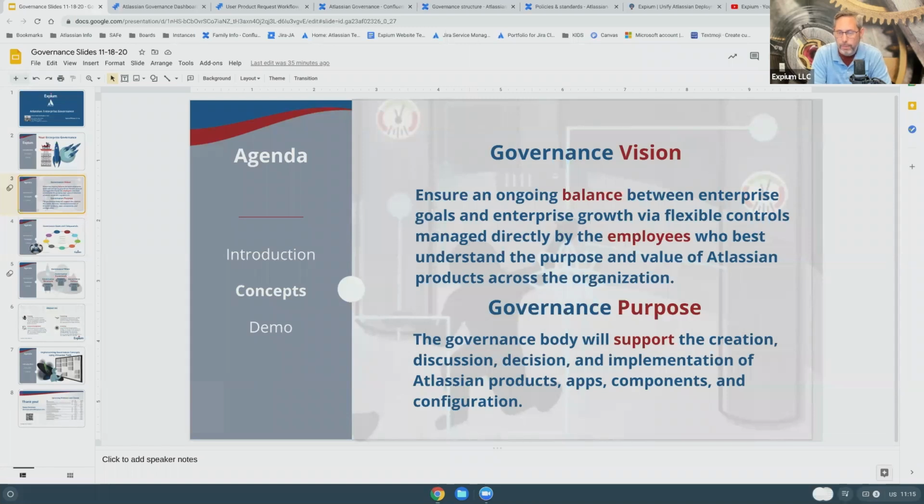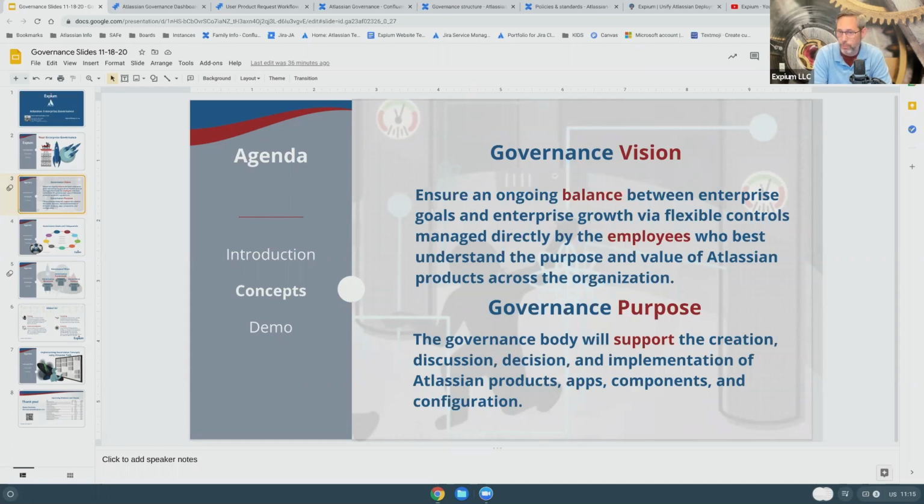Now, keep in mind the back half of this sentence, while it does sound like a mouthful, is really intentional as well. It's not just about your products. There are add-ons and applications that are in the marketplace. Right now, Atlassian has over 3,000 add-ons. A big decision that governance folks will need to make is what kind of add-ons will we bring into the instance? Don't forget, your add-ons are charged to you at the user level of the base product.